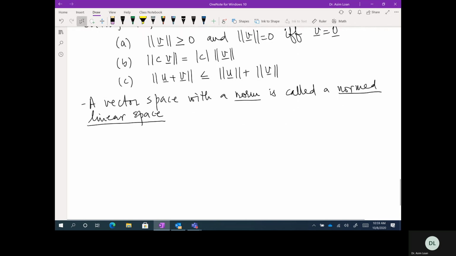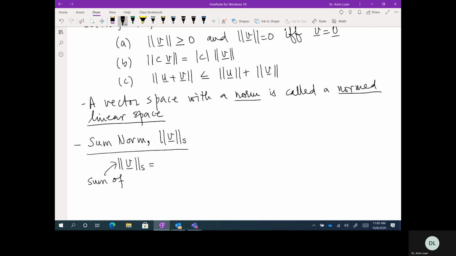So what about the sum norm? We'll define three norms, and the one that we're going to use frequently is the last one, the Euclidean norm. The sum norm is simply the sum of absolute values of its components.